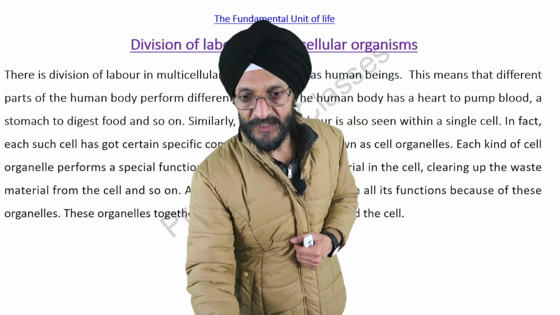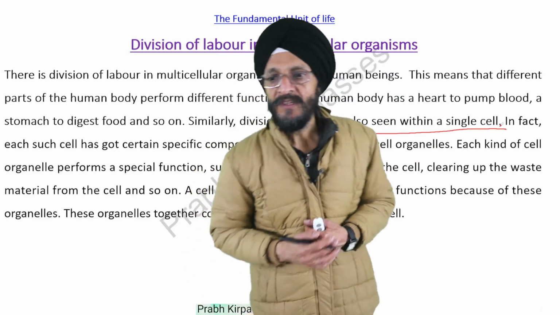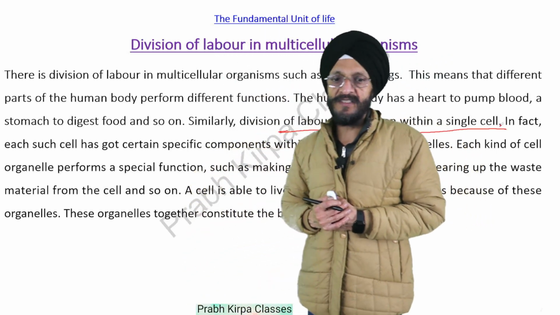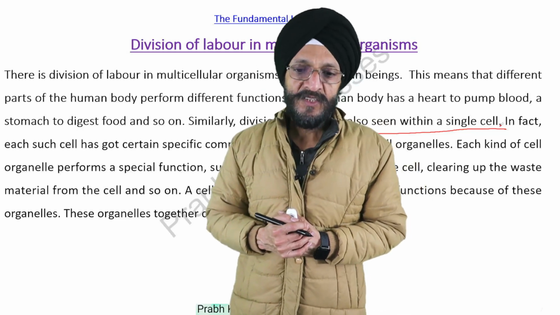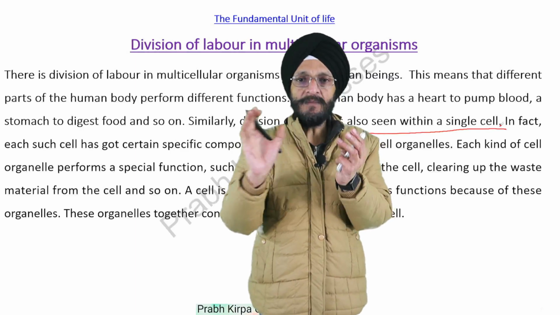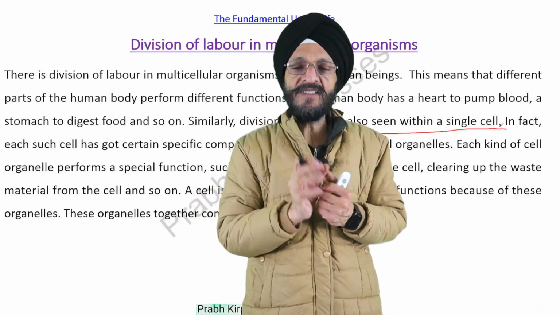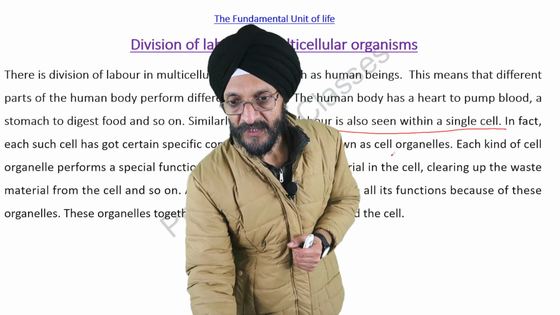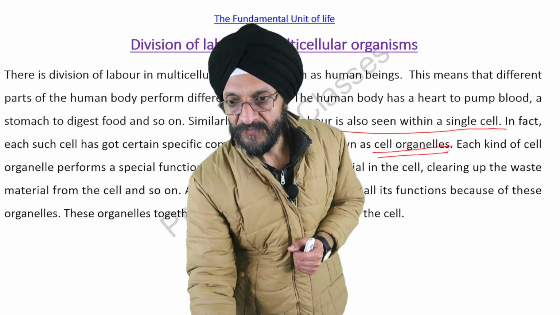Similarly, division of labor is also seen within a single cell. Each cell has certain specific components. That is, some components are present inside the cell which are known as cell organelles.